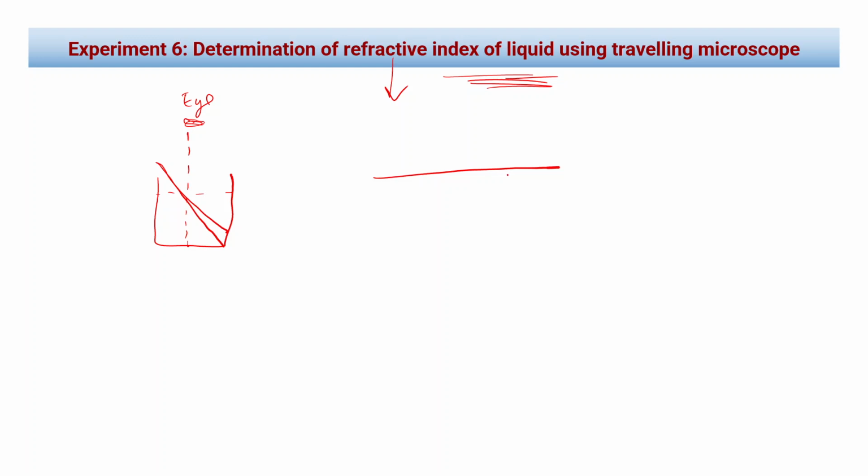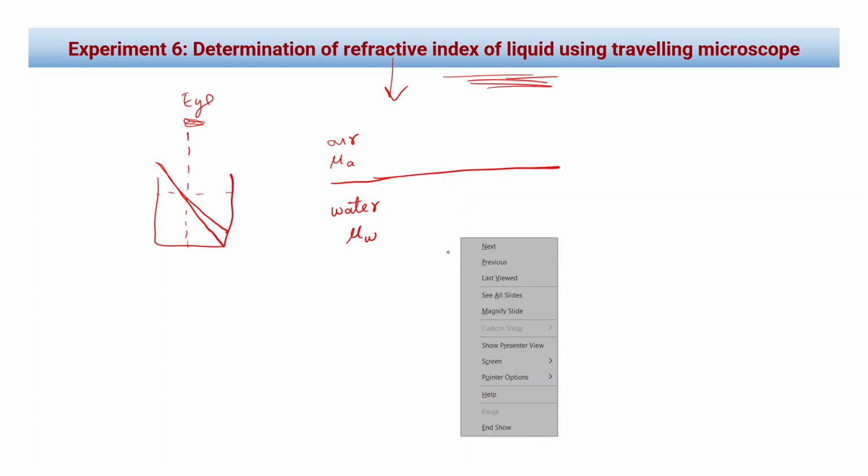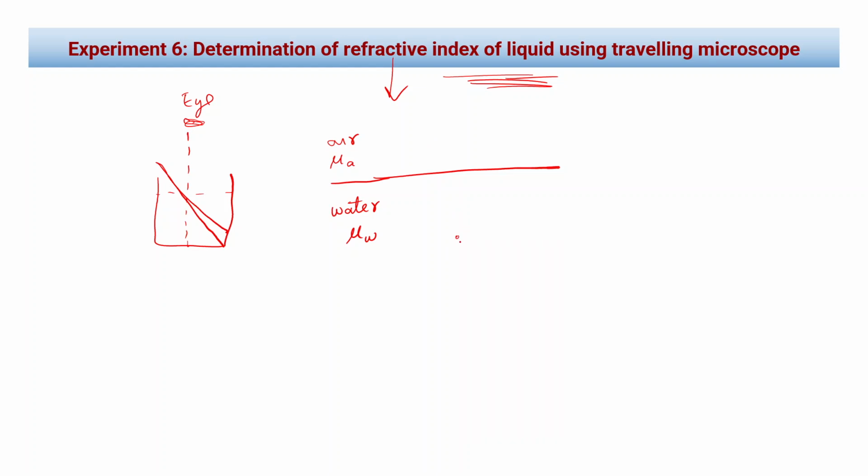So if I have an interface, on one side we have air whose refractive index we can call mu A. On the other side I have water whose refractive index I will denote by mu W. Here I have some object that I am calling S. If a light ray enters from here, it will reflect and go back along the same path.